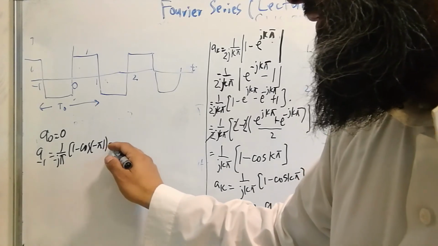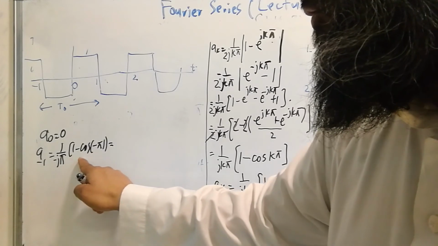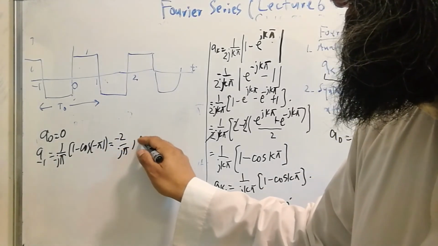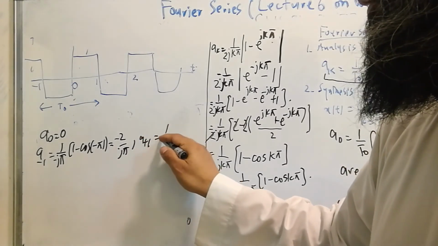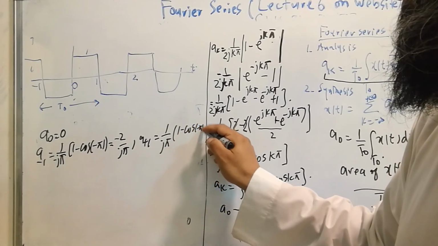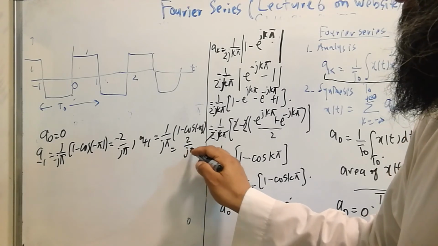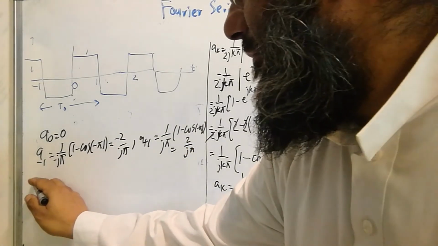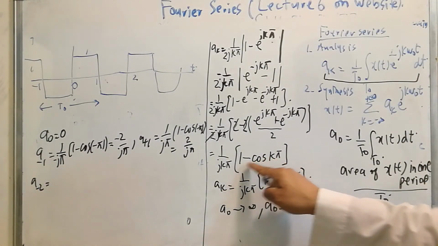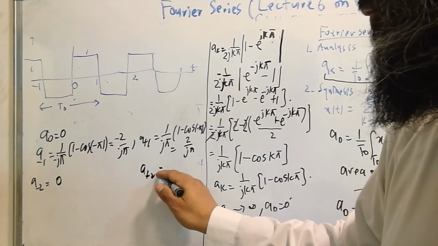So this will be equal to 1 minus cosine minus pi is 2, so this will be minus 2 over j pi. a plus 1 is equal to 1 over j pi times 1 minus cosine pi, and that will be just equal to 2 over j pi. a minus 2, if I put here minus 2 pi, the answer will be 1 minus 1, 0. So this is 0. And a plus 2 will also be 0.